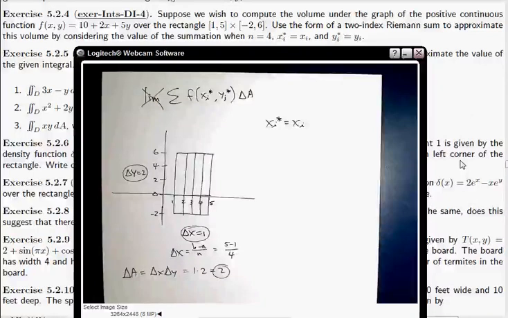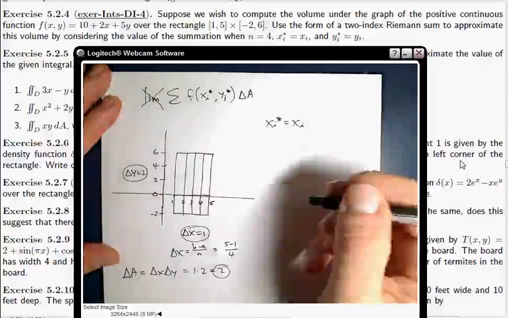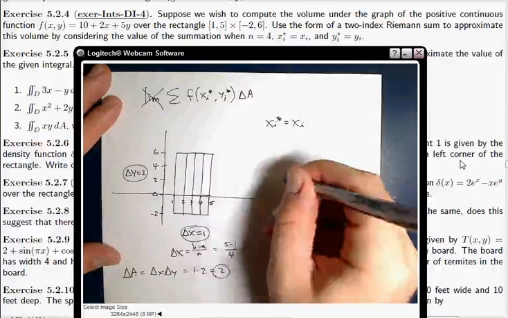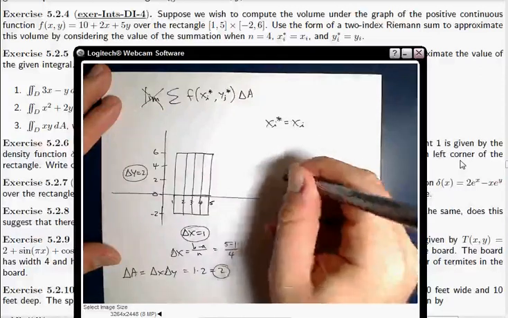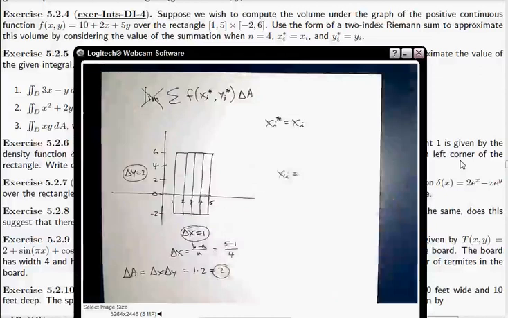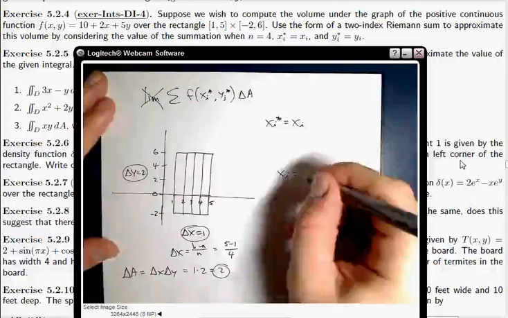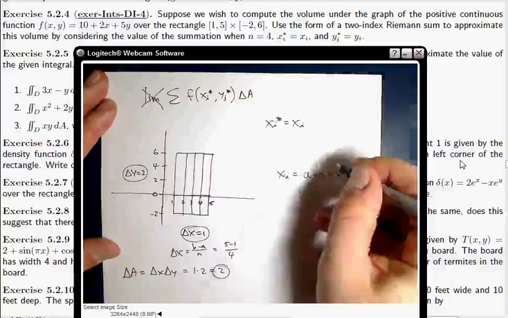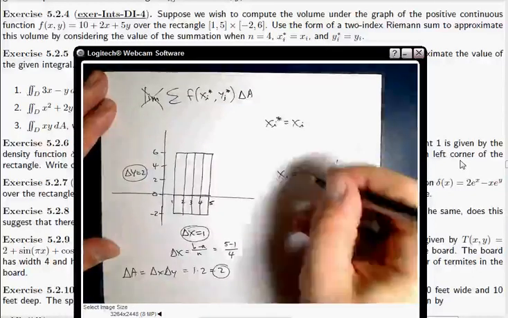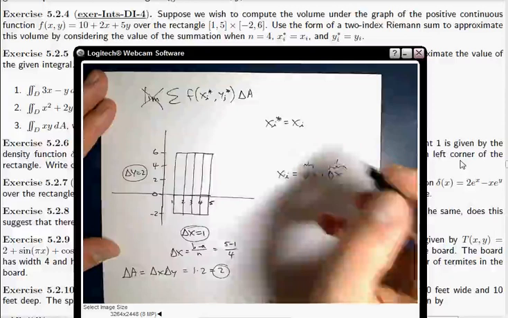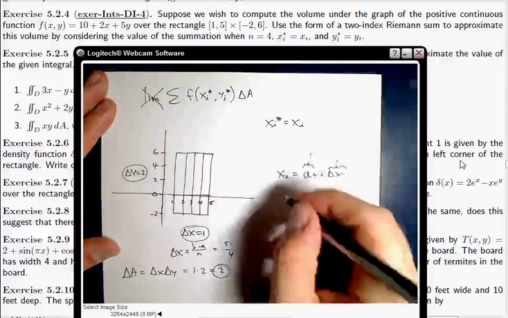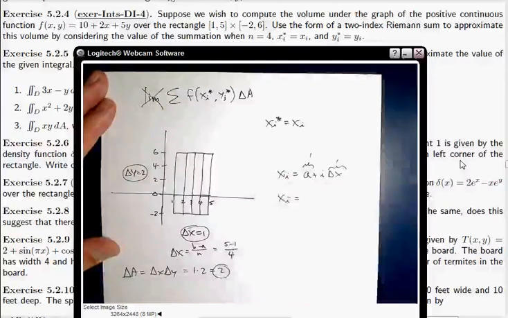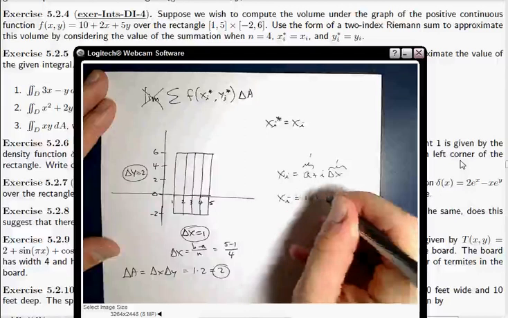Exactly. So let's write down the formulas now, for xi and yj. So xi is a plus i delta x. Now delta x is 1, a is also 1. So xi is 1 plus i.